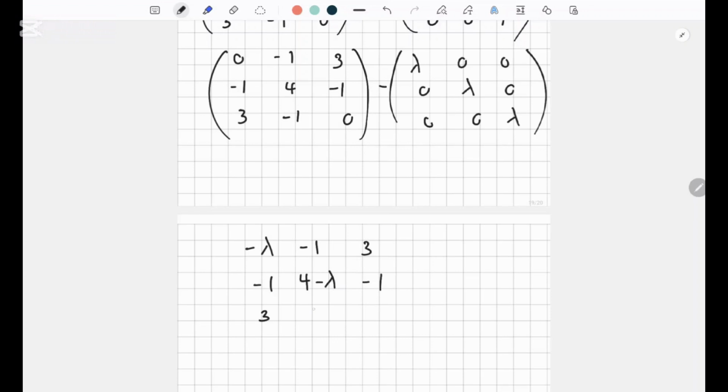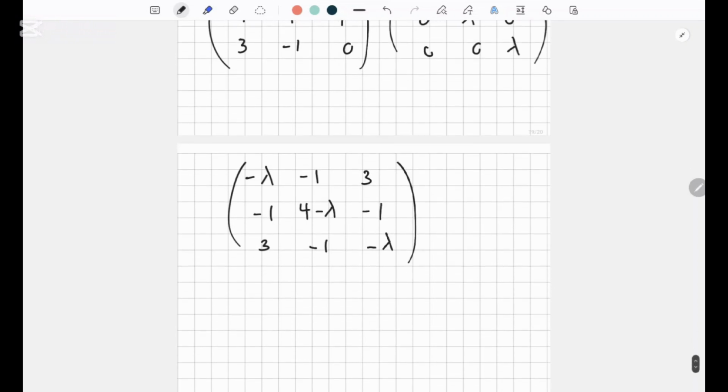And 3, minus 1, minus lambda. This is your matrix. And now you have to find the determinant for this matrix, and the determinant should be equal to 0. That's how you find the value for lambda. So those values are going to be your eigenvalues.